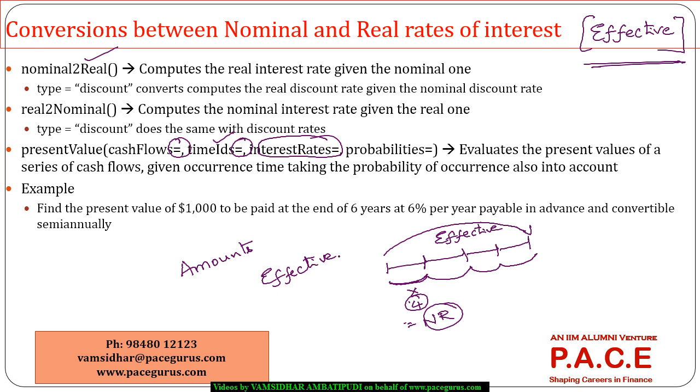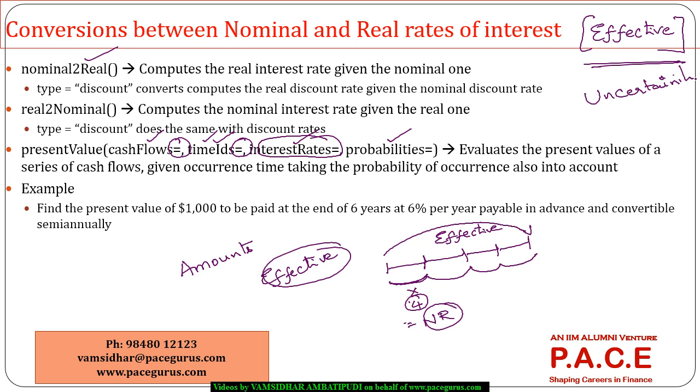We'll look at it. For this particular period, I am looking at the effective rate of interest. So I have known cash flows at different points in time. These are the interest rates and these are the probabilities. In some cases, there may be a lot of uncertainty in the cash flows.